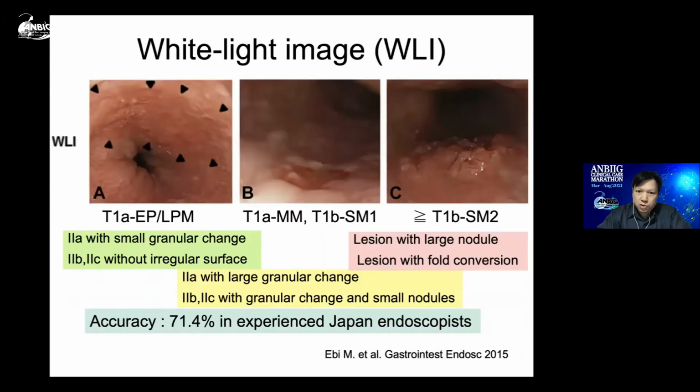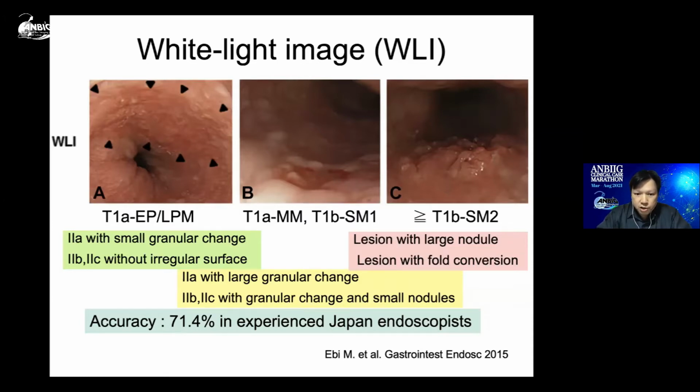Traditionally, we use white light image to check the esophagus. Take more time to watch for any morphology change such as nodular or depressed lesions, and also color change, the reddish color. Usually if the lesion is a flat-type lesion with small granular change or without irregular surface, the lesion may be located in the superficial epithelium.